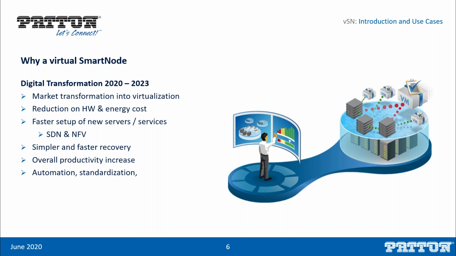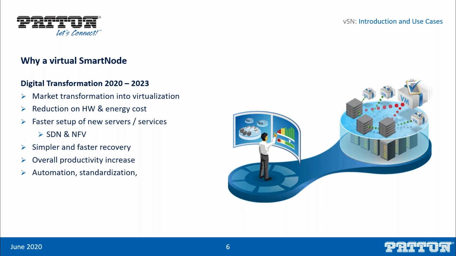Another benefit is, of course, that it allows you or your customers, being an operator, for instance, or also the enterprise, to launch new services faster and more efficiently. So it's easier to roll out new services. And that goes into the SDN and NFV approach. They're decoupled from the hardware, so new things can be rolled out faster, and also more efficiently and with less cost.